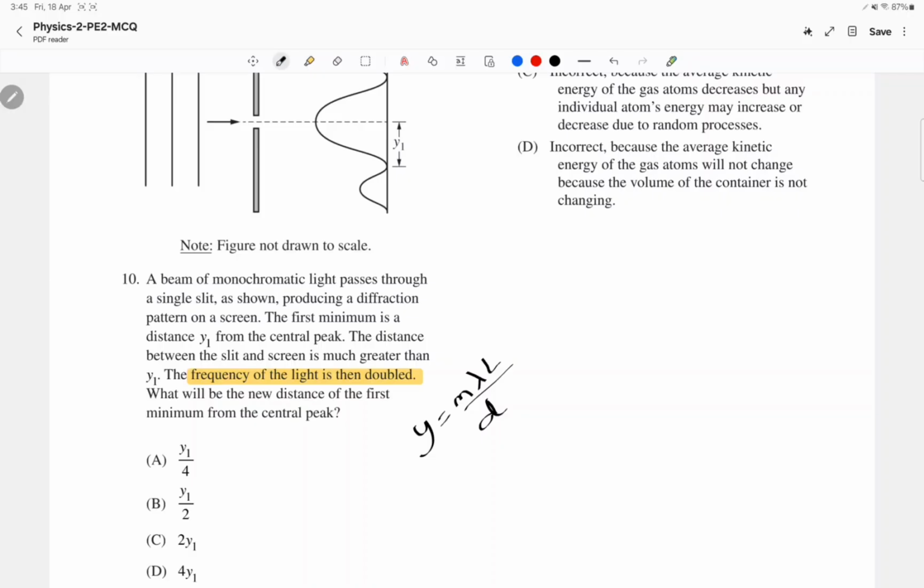But that's okay, because v is equal to λf, or c is equal to λf for light. So if the f goes up by a factor of 2, λ goes down by a factor of 2 to keep the c constant. So now imagine if the λ went down by a factor of 2. The y will go down by a factor of 2. Yeah? So the answer is going to be B. It'll get halved.